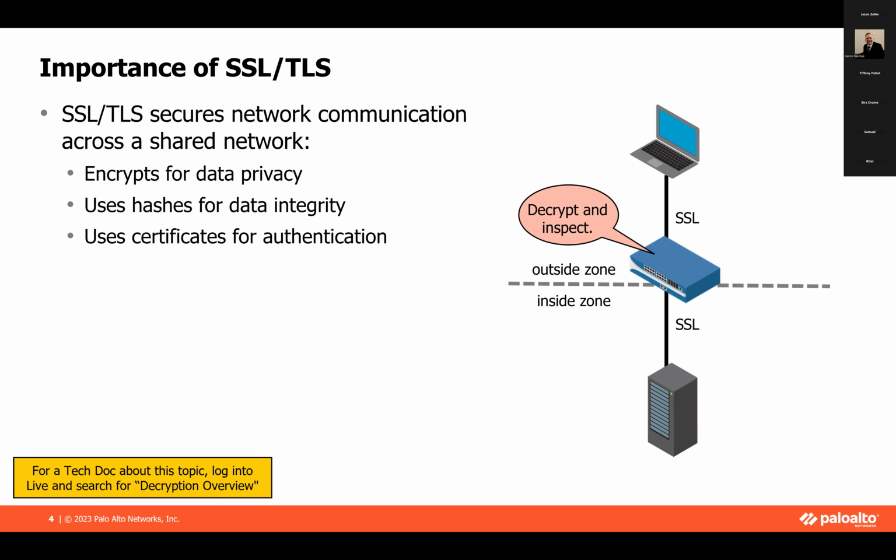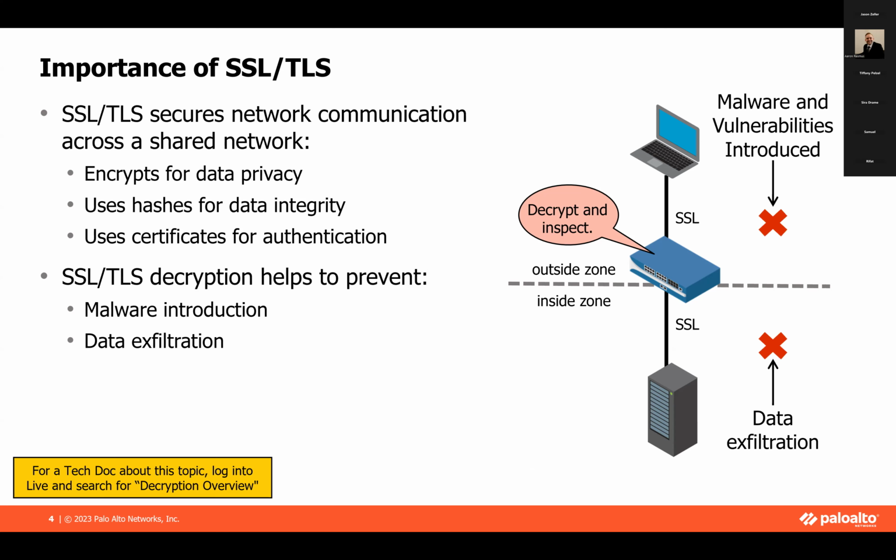So we're going to inspect that traffic and replace it with our own certificate that we say is valid, right? So I'm good, send everything, we're going to let it happen. That decryption allows us to help prevent any kind of malware introduction or data exfiltration.